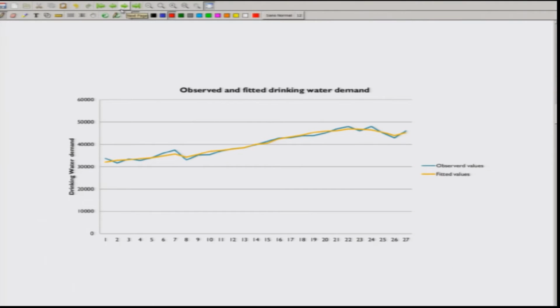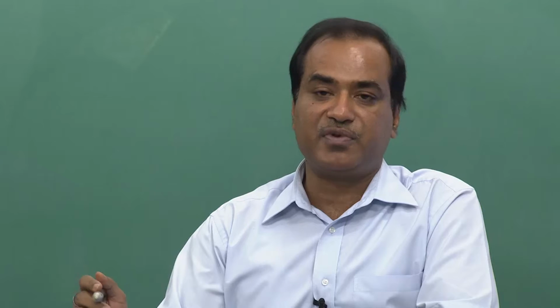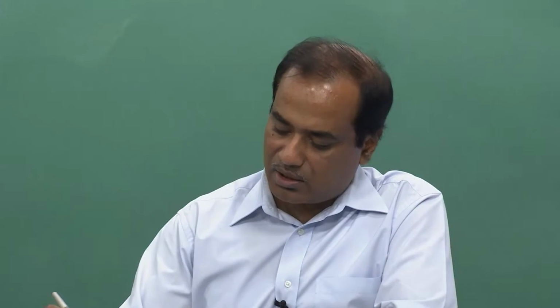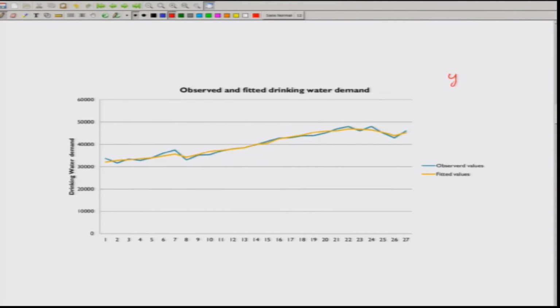Now, before doing the forecasting, I would like to verify whether my model is going to work well or not. So, we try to use as many options as possible. Here I have considered the observed values of y, those 27 observations, and using the fitted model we also have obtained the fitted values, and I have plotted both at the same time.